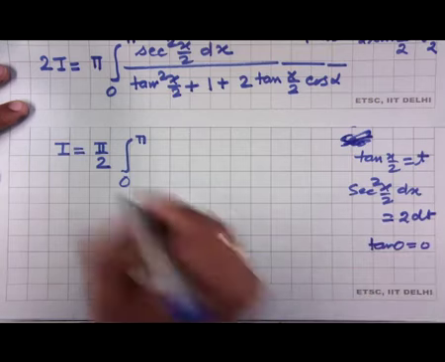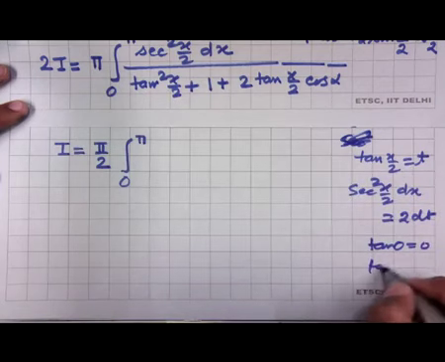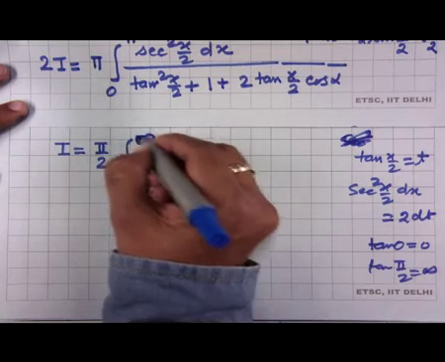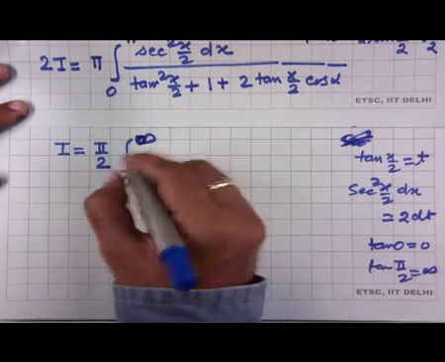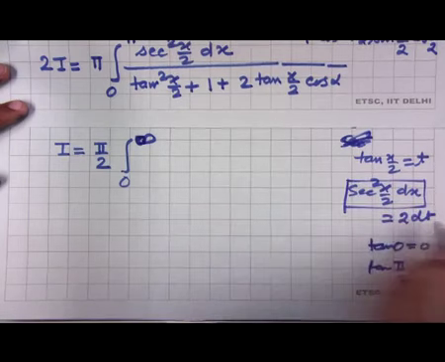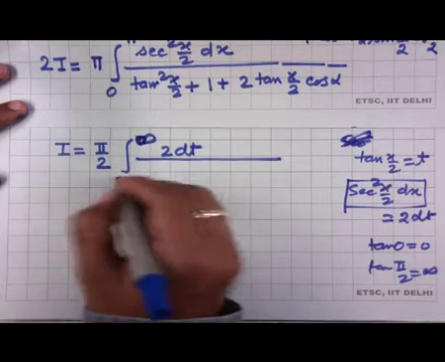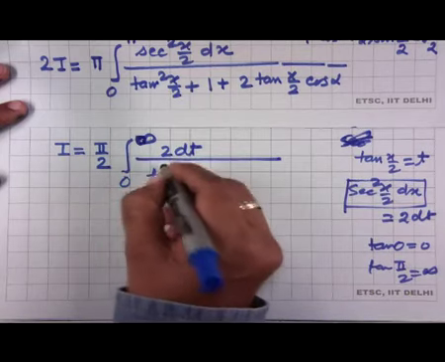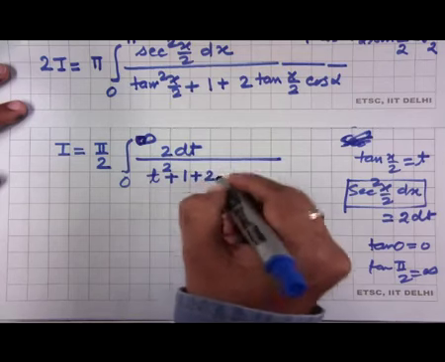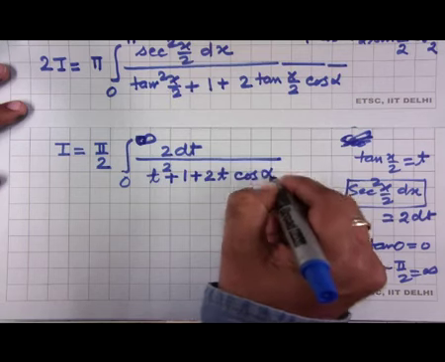At pi, you get tan pi by 2 which is infinity, so the limit will be 0 to infinity. So you get 2 dt upon t square plus 1 plus 2t cos alpha.